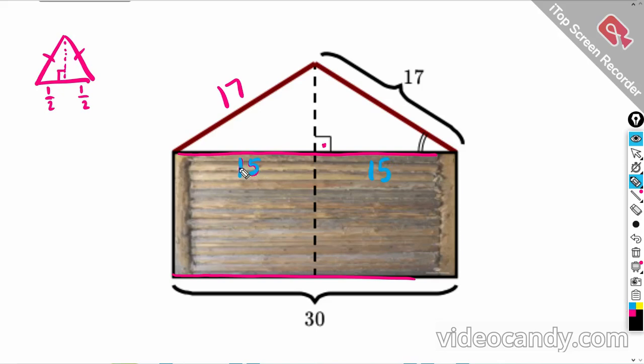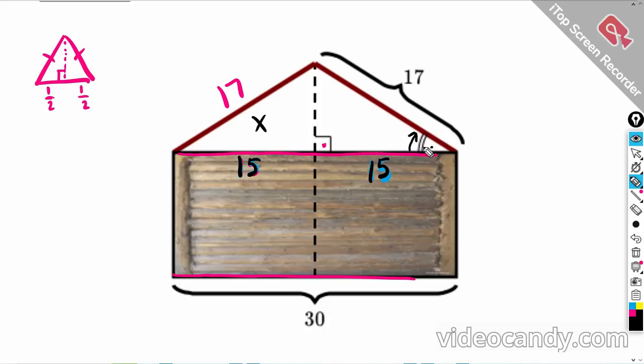Maybe you can't see that. Let me see. 15 and 15. All right, so we don't need to worry about this triangle here. We're just trying to find this angle, the angle of elevation. Remember, you start at the horizon, and if you travel up, that's your angle of elevation. So we're just dealing with this triangle.